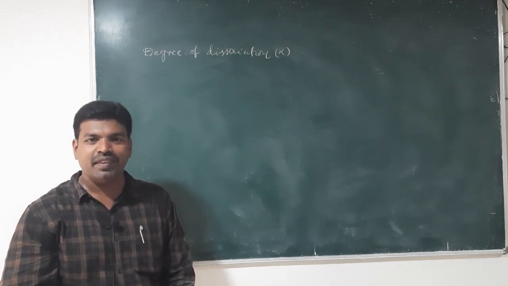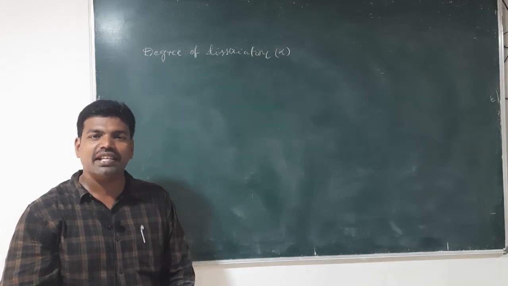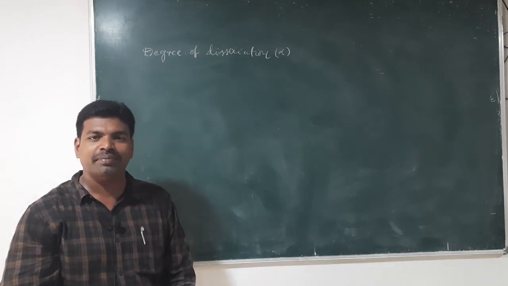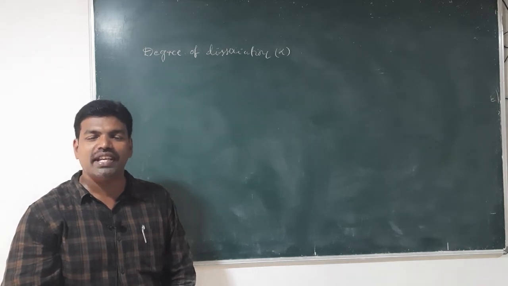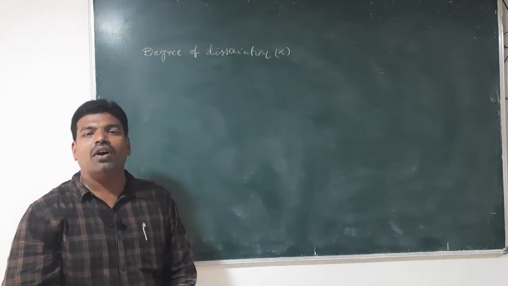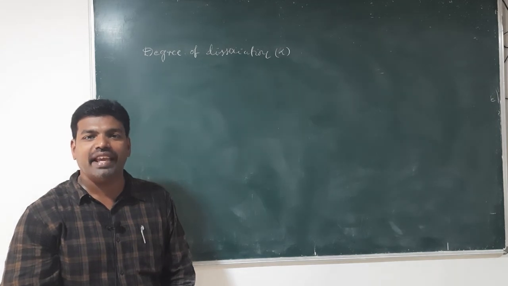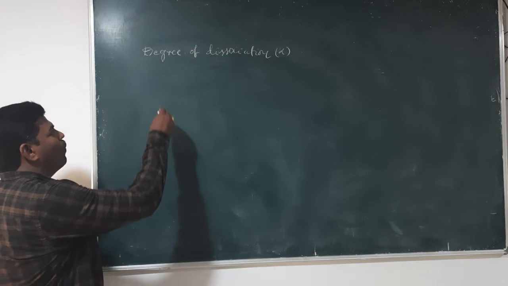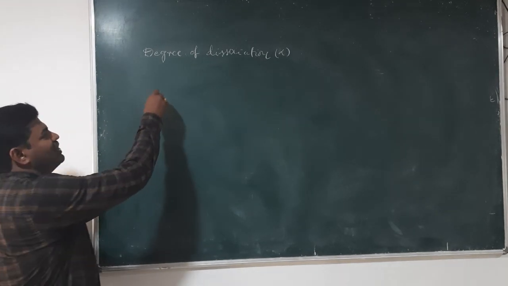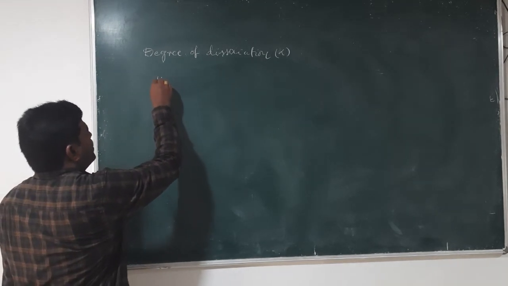I repeat, degree of dissociation is the ratio of dissociated species to undissociated acid or base or something else. For example, water can act as acid and base.